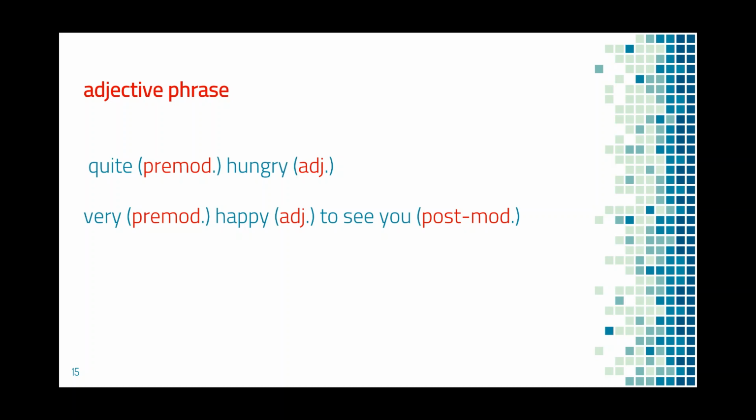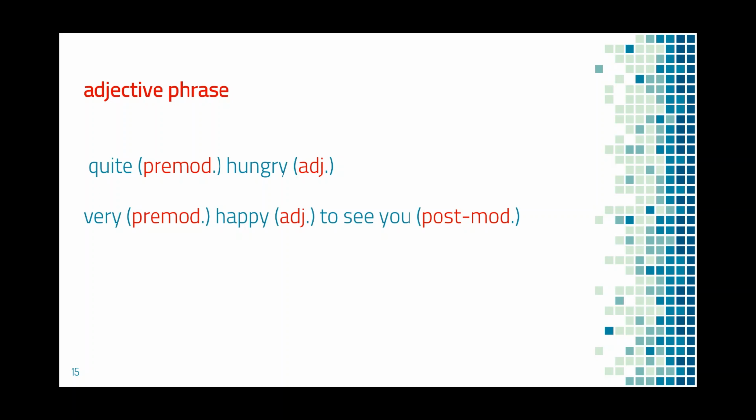Look at the examples. Quite hungry. This is an adjective phrase. Why? Because hungry is the main word. Hungry is an adjective. Therefore, this is an adjective phrase. However, it is made up of 2 words. Quite is a pre-modifier, and hungry is an adjective.